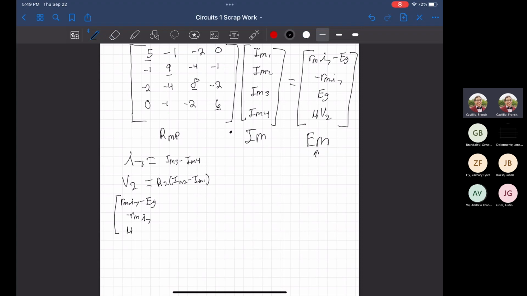We have a habit of writing 7 over the... it is there, so we're going to substitute in I7 and V2 for the equations we just wrote.